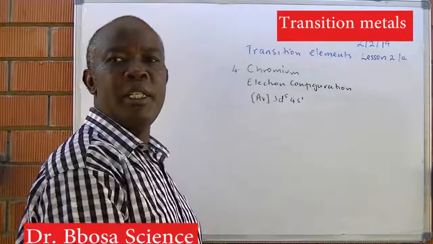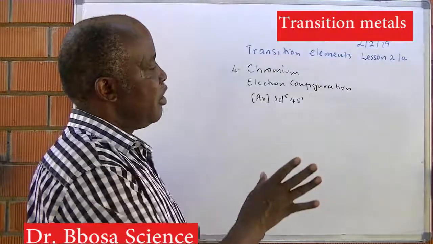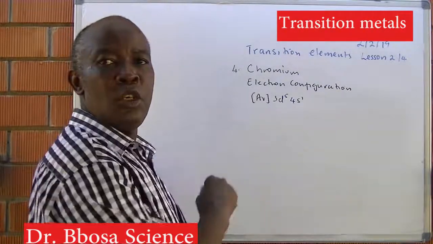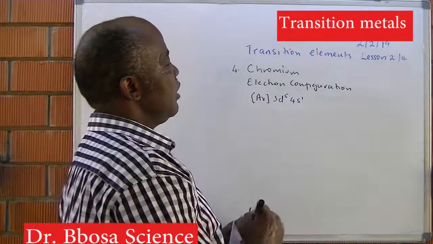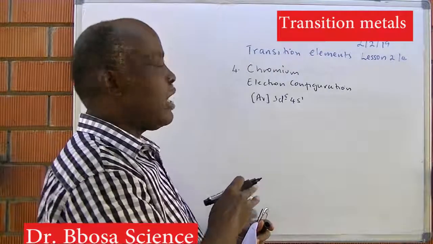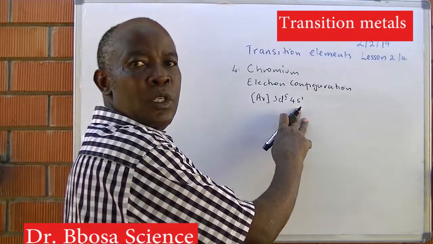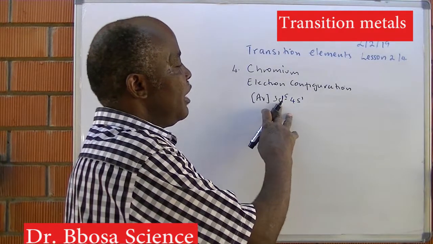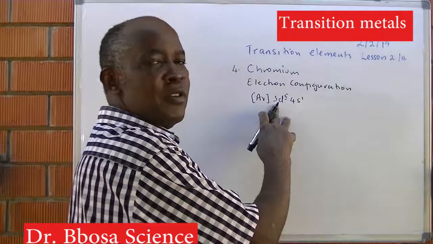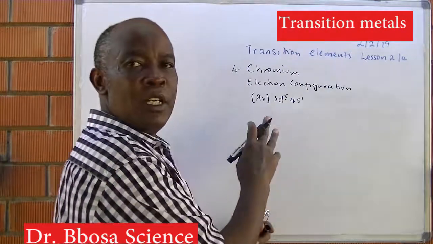The fourth element is chromium. Electronic configuration is argon 3d5 4s1. It is important to note that instead of writing 3d4 4s2, the electronic configuration is 3d5 4s1 because half full d orbital is more stable than less than half full d orbital.